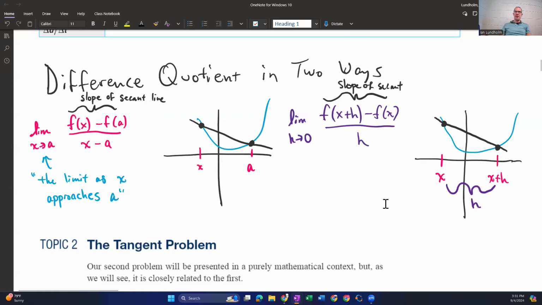And so sometimes it's just nicer to reference your home base point and how much gap you're leaving in between the 2 points that you're using to calculate slope as h. But both of these ways of specifying a difference quotient are good. They're just labeled a little bit differently. We'll come back to this too.